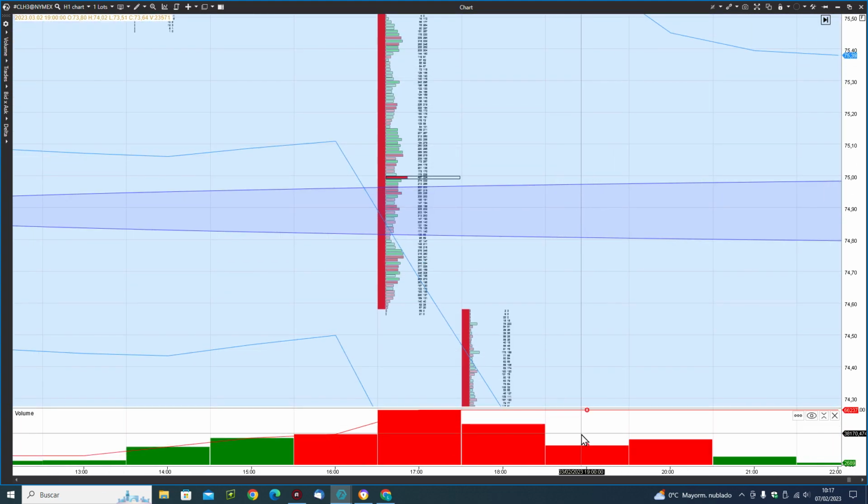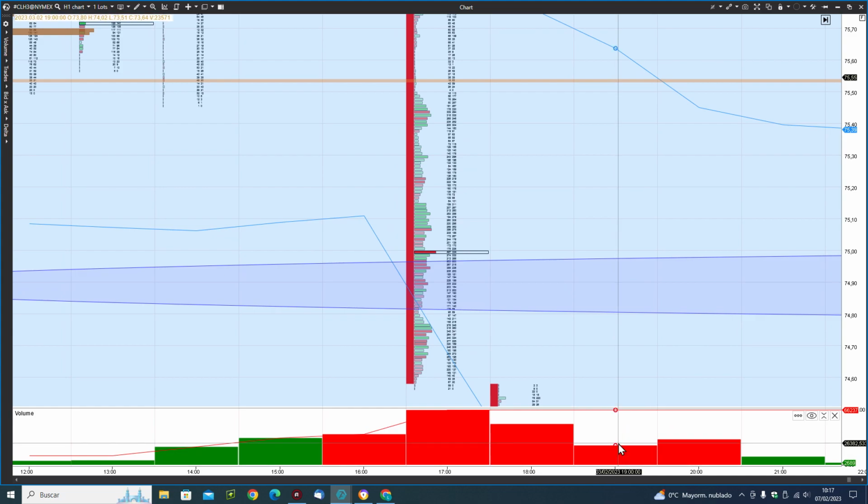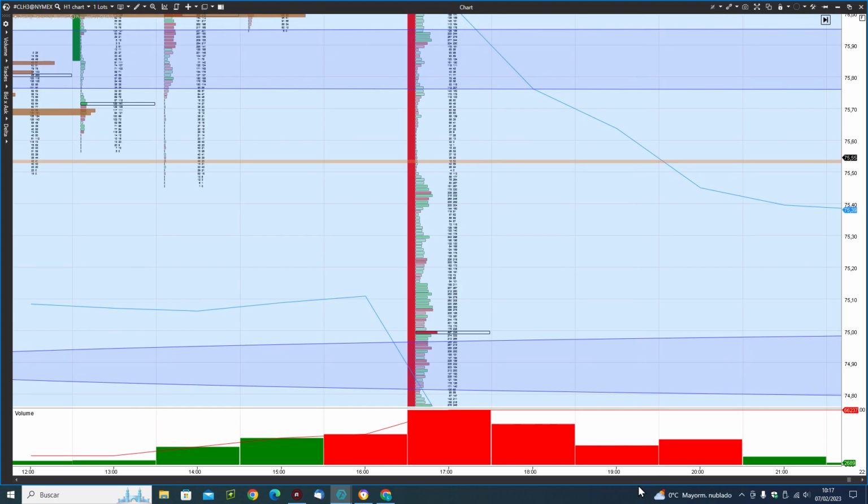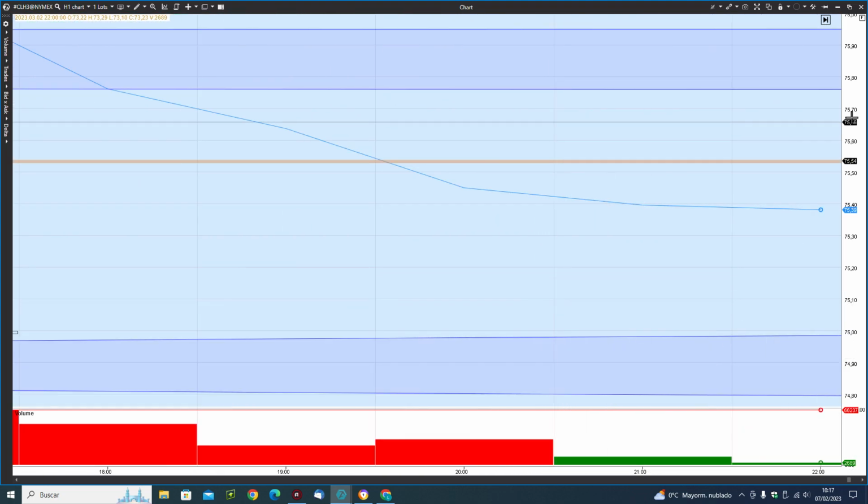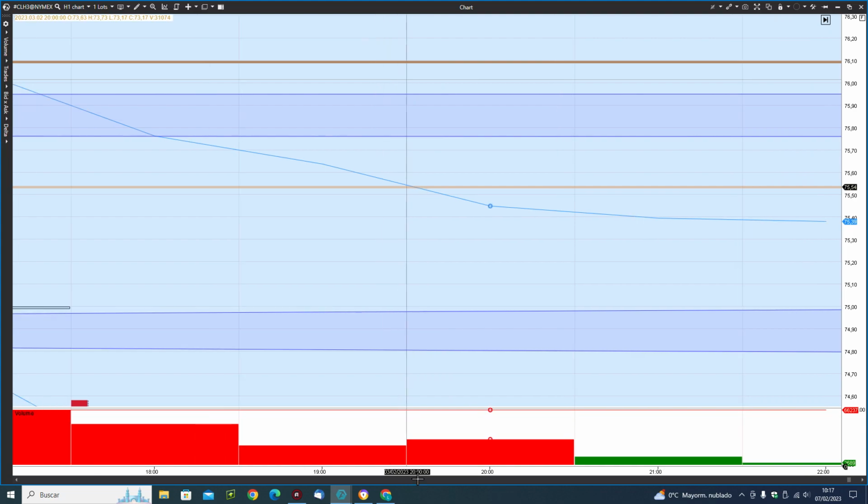If we can see this point, it was an order flow target. Sorry, we can see it properly.